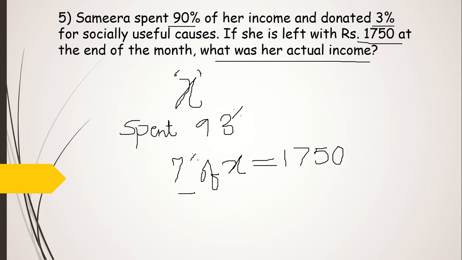Now percentage means out of 100. So that is 7 upon 100 into X. Alright. So then this 7 upon 100 will go that side, and we will try to calculate. Let's see how we do it.